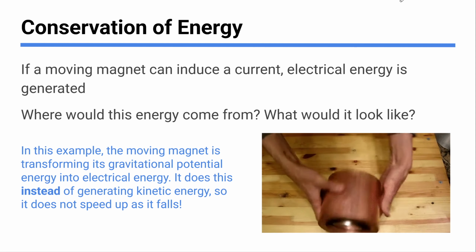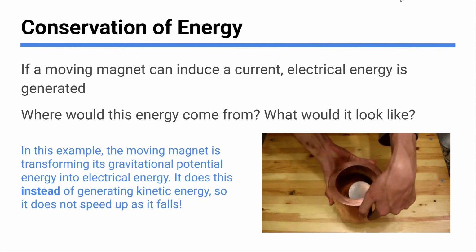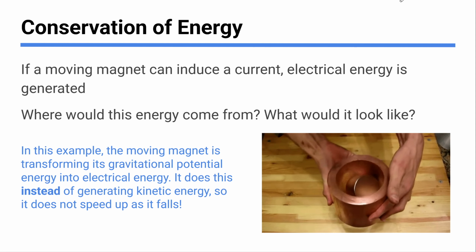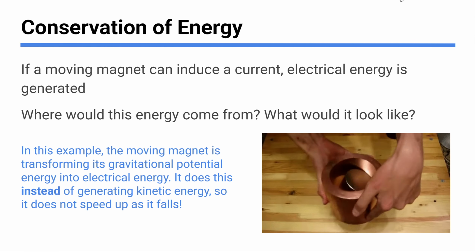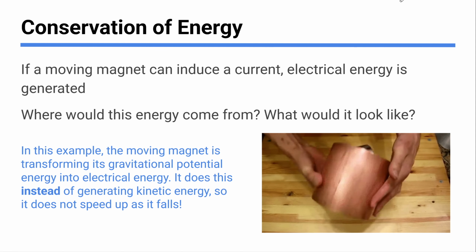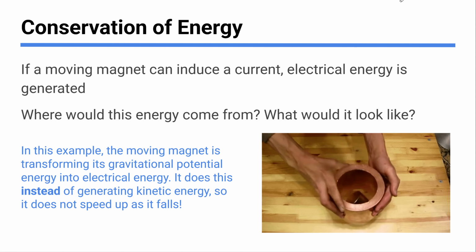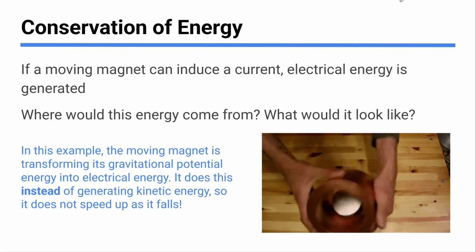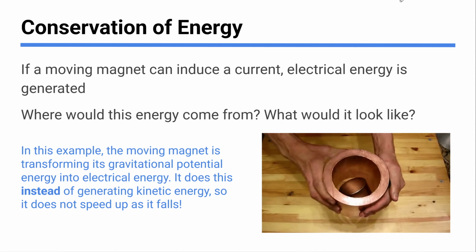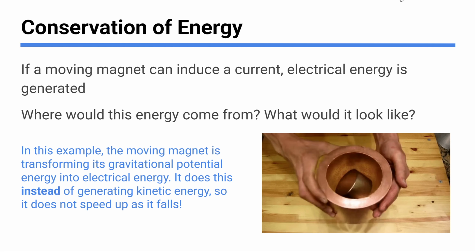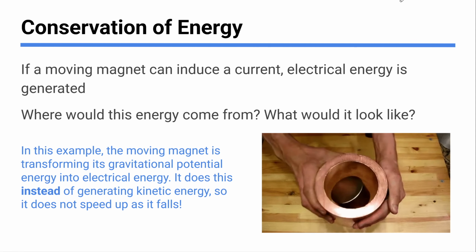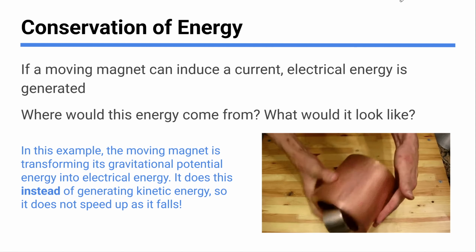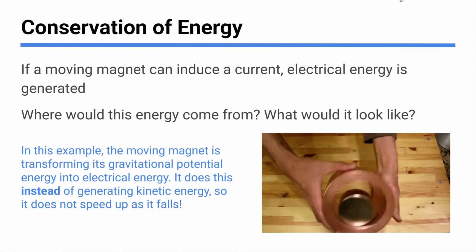So if the current is happening, that energy must be coming from somewhere, and there are two ways to think of it. Most officially, it's really coming from gravitational potential energy. So that magnet starts to fall, and instead of what normally happens, where that potential energy turns into kinetic energy and the thing accelerates as it falls, that potential energy is immediately turning into electrical energy rather than kinetic.